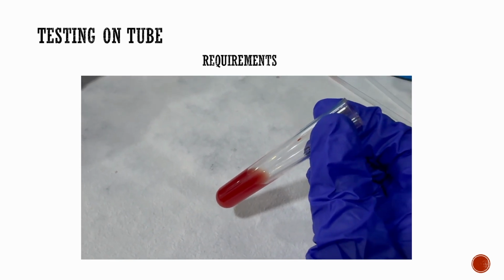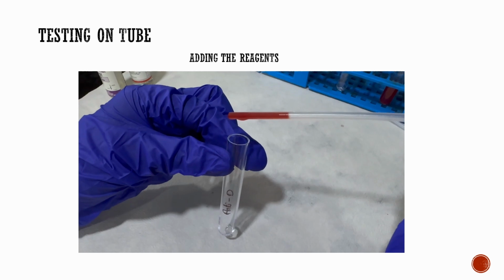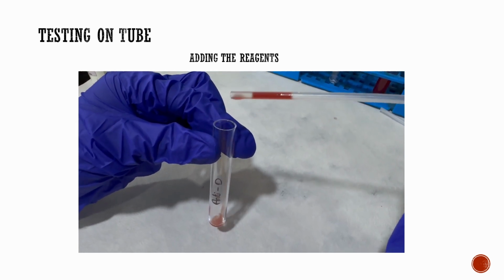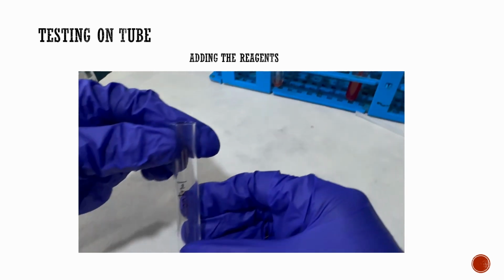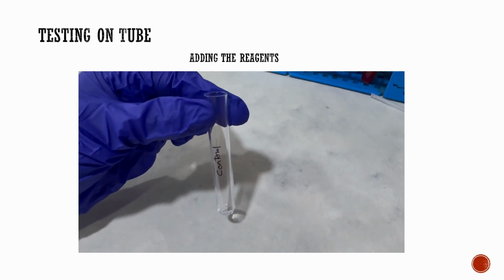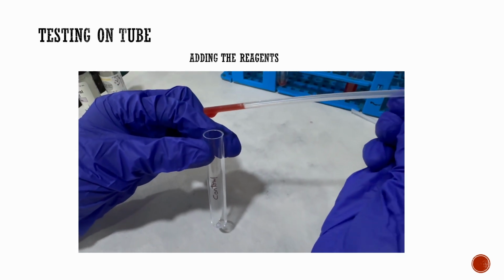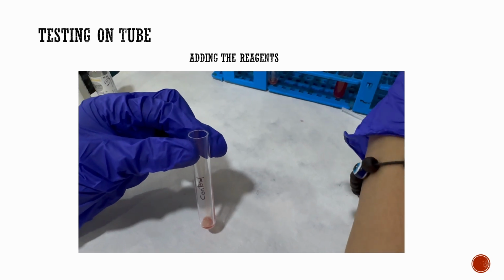We also have the 3% red cell suspension we prepared from the sample. Here we add one drop of the prepared 3% suspension to the anti-D tube and one drop to the control tube also.